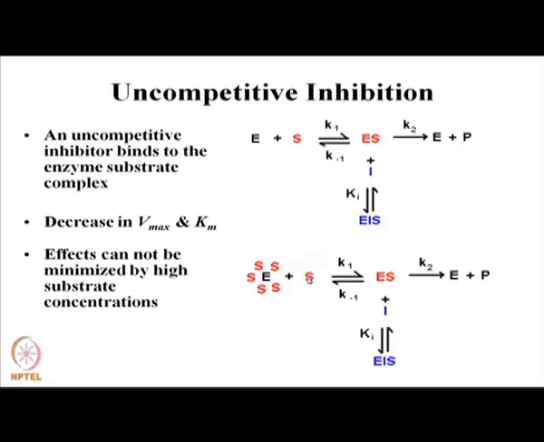So, what will happen is that if you increase this substrate concentration, more ES will be formed, and the more enzyme substrate complex is formed, it has more option to move to this pathway. So, that means you cannot minimize this step, because in no way can you stop this process, because this process is very much dependent on the availability of ES.